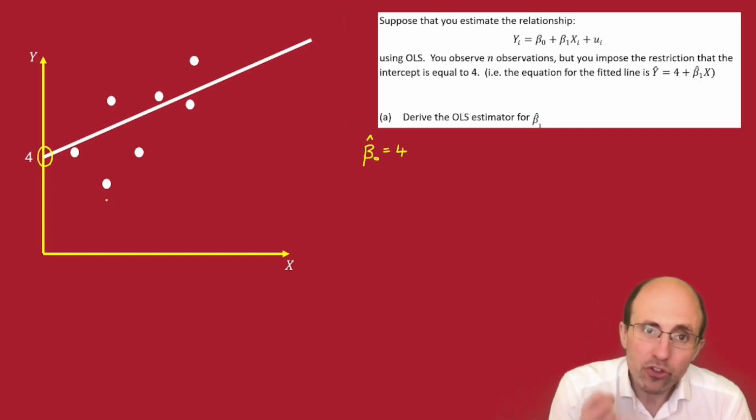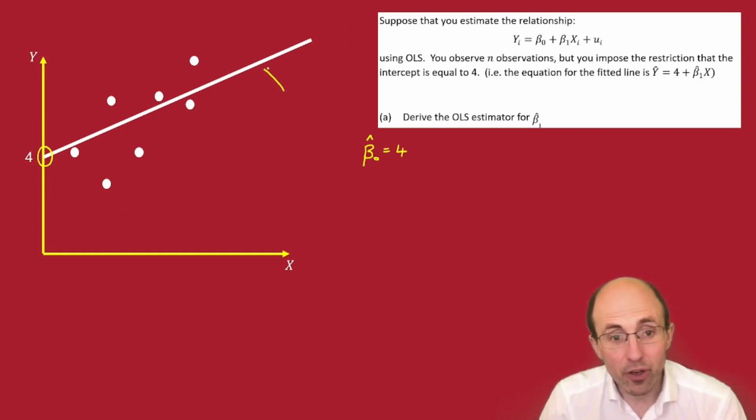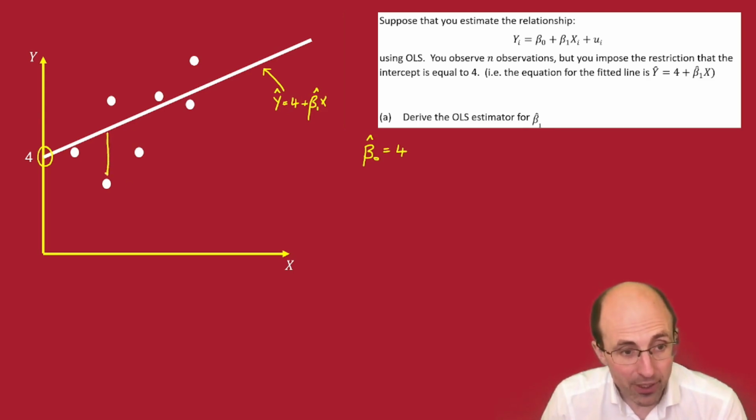Now we're going to construct the OLS estimator in exactly the same way as we have done in the past. The equation of our fitted line is y hat is equal to 4, that's our imposed intercept, plus beta 1 hat times the observation of x. So we're trying to choose the line that minimizes the sum of squares of the fitted residuals.